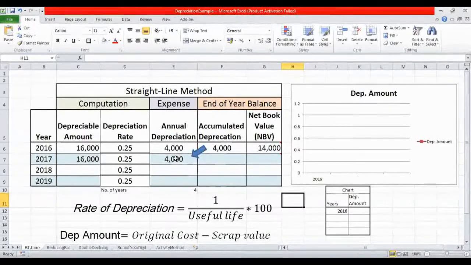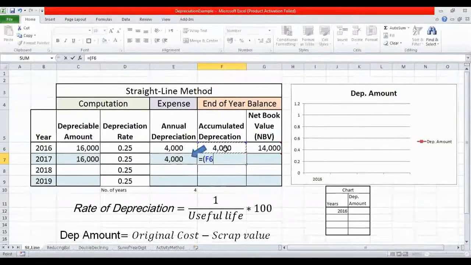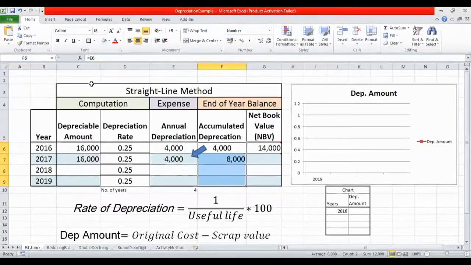So 4,000 plus this 4,000 is going to give us a total amount of 8,000. So this is how we are going to calculate accumulated depreciation.